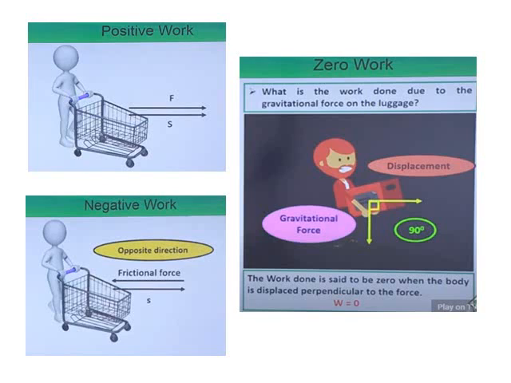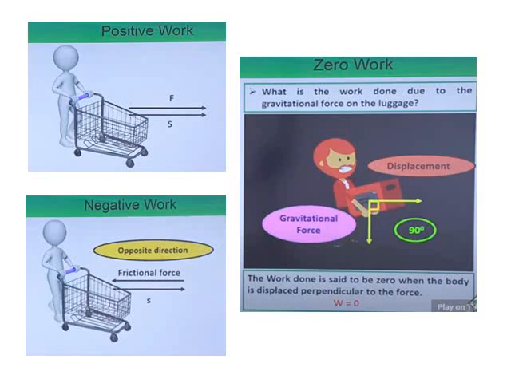Therefore, the frictional force is in the opposite direction to the direction of movement of the trolley. Here, frictional force is acting on the left and the direction of movement of the cart is on the right. Therefore, exactly they are in opposite direction. Therefore, the work done here is said to be negative.